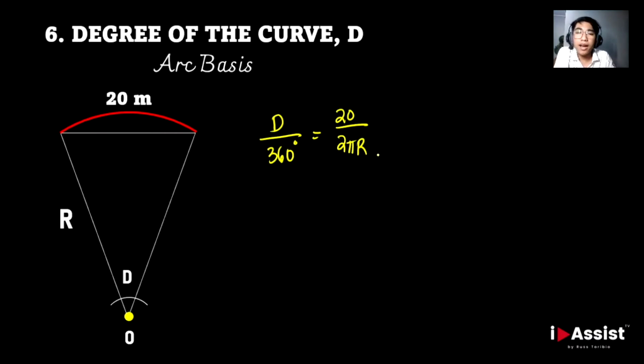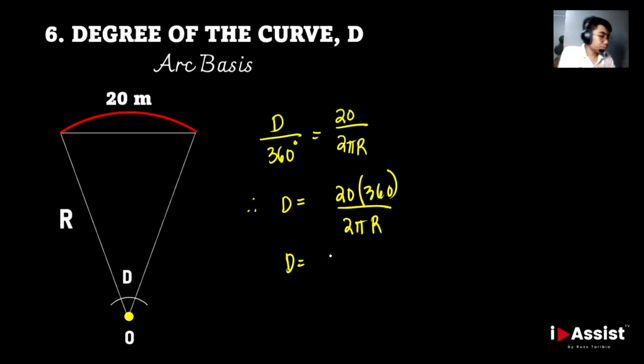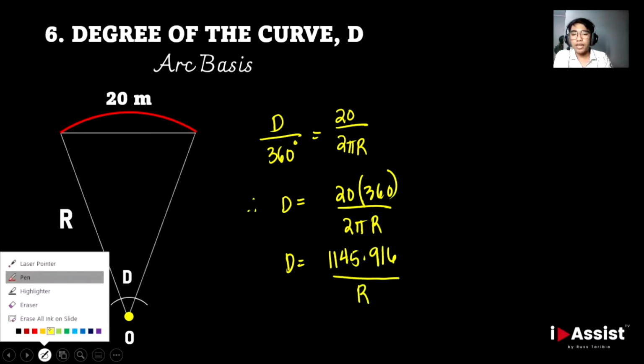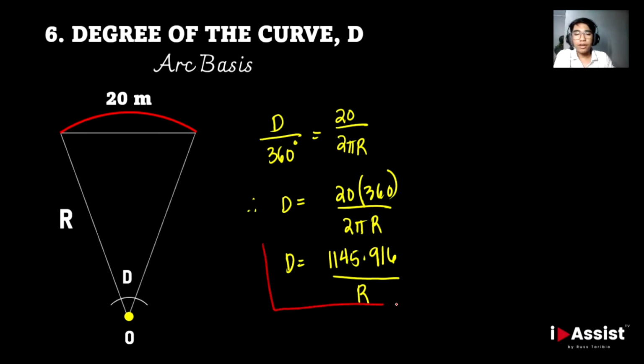That's 2 pi r. So let's find D. Therefore, D is equal to 20 multiplied by 360 all over 2 pi r. And when we compute it numerically, 20 times 360 over 2 pi is equal to 1145.916 all over r. Therefore, that is the formula for what we call the degree of the curve arc basis.